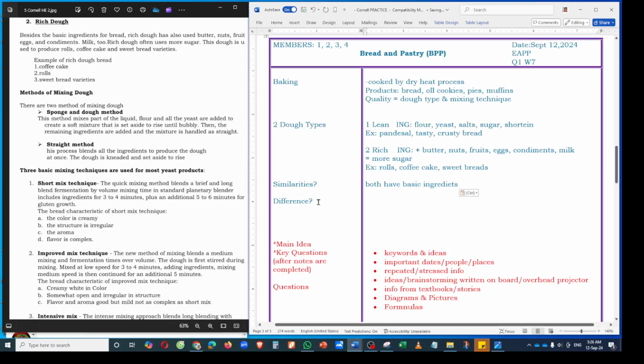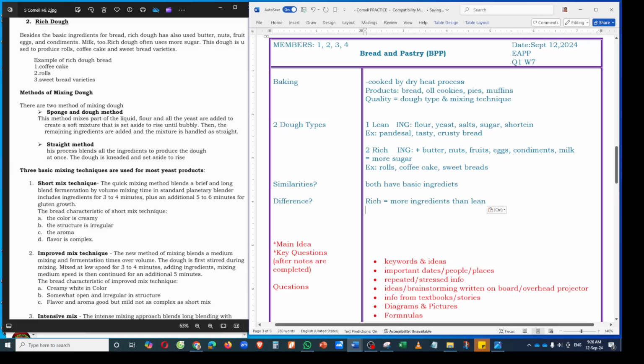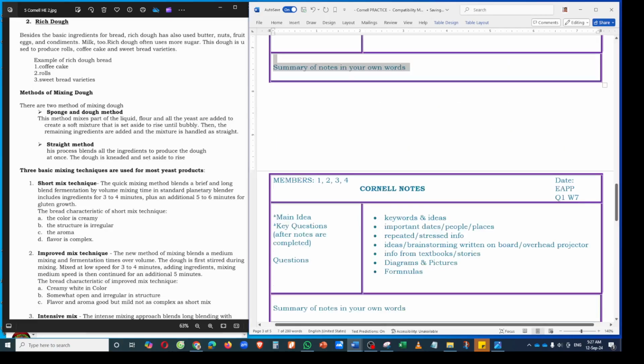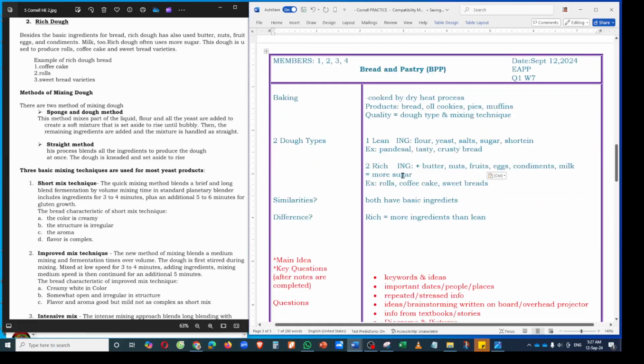Ngayon, what makes yung difference nila kung pareho naman pala, what makes the other different from having the basic things, yung hindi basic, yung rich, meron siyang more sugar, more ingredients. Ano yung mas maraming ingredient? Ito, tapos mas marami siyang sugar. So, more ingredients than lean. Hindi lang more ingredients, more sugar din siya kaysa sa lean. More sugar. Yun yung difference nila.